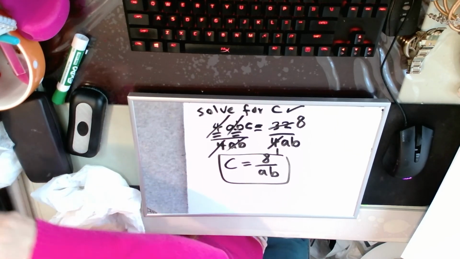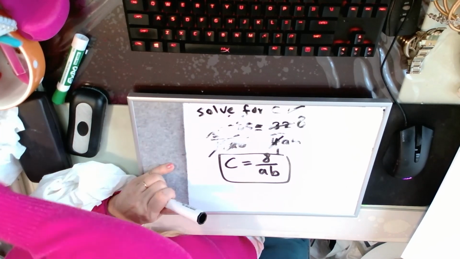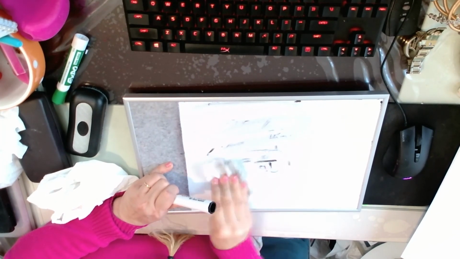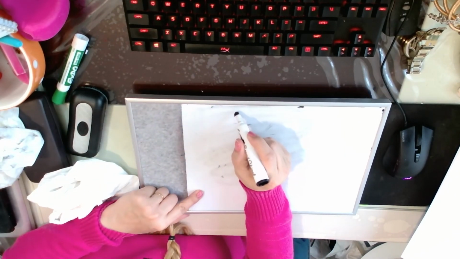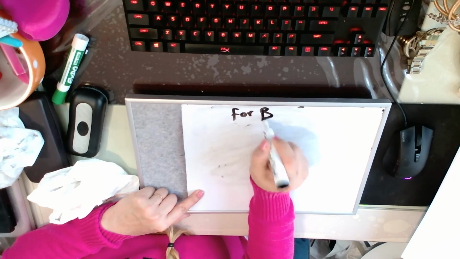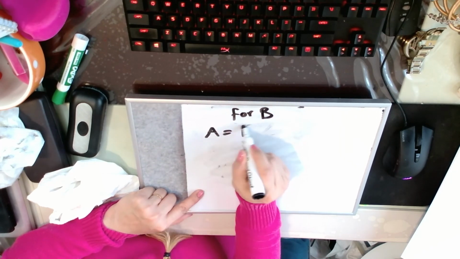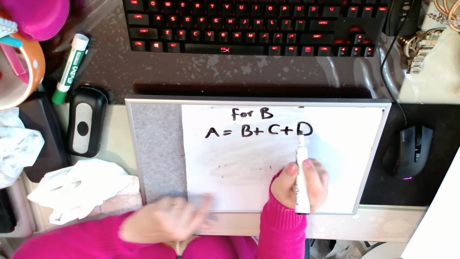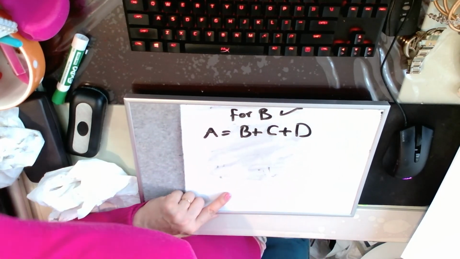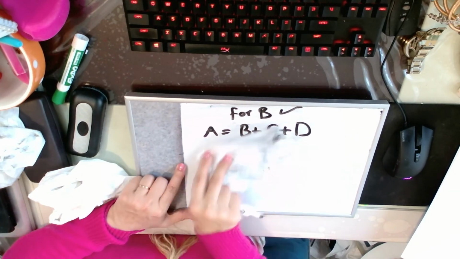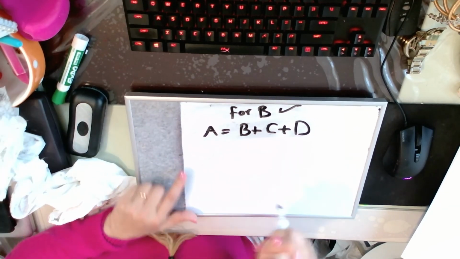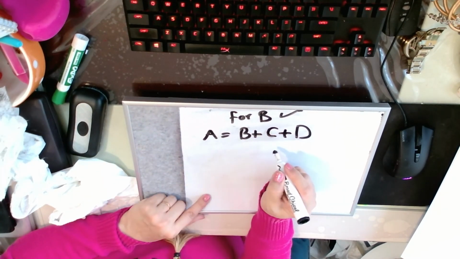If you have this one, let me solve this one. It's a simple one. Solve for B. A equals B plus C plus D. They said for B. What do you think? We have to move B to one side by itself, right?